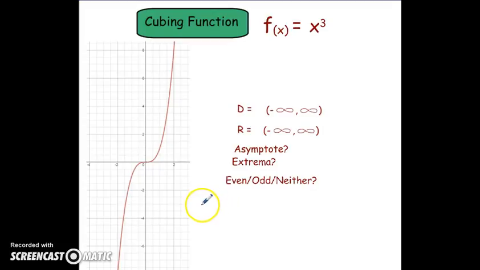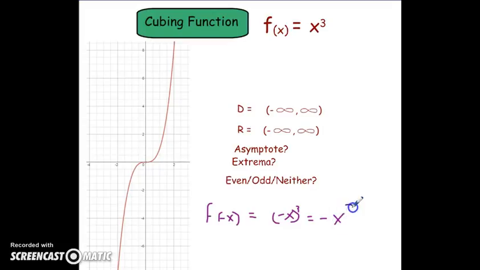Well, how'd you answer? We'll see. Doing this algebraically, what does f of negative x equal? Simplified, I'll plug in negative x into the function and cube it. Negative x times negative x times negative x. So the result would be the negative of x cubed.